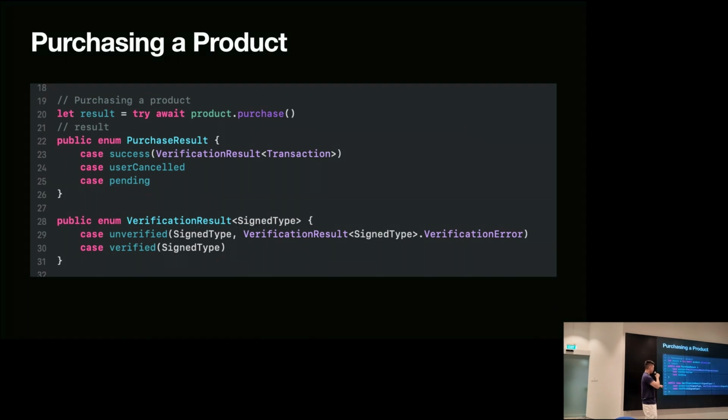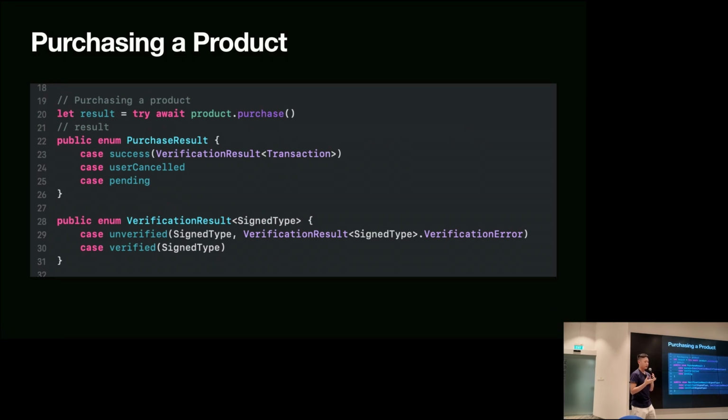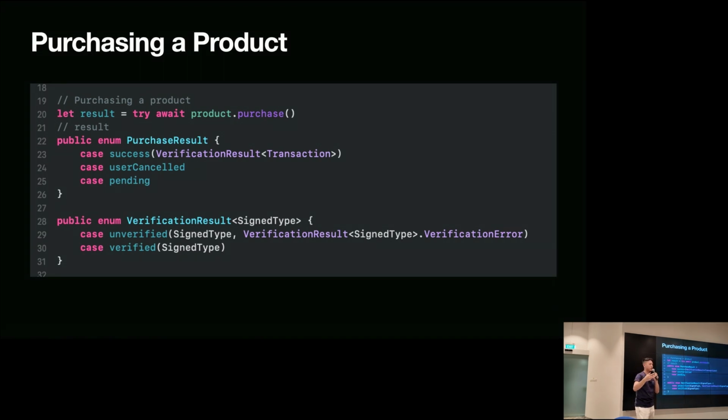So for unverified here, there are a couple of cases where it can return success but unverified. The first example can be buying something from a jailbroken device, or if you're familiar with MITM, which is man-in-the-middle attack, or just an API attack in general, when we make a purchase, but maybe the purchase didn't go through, but someone is intercepting the network to return a successful purchase.